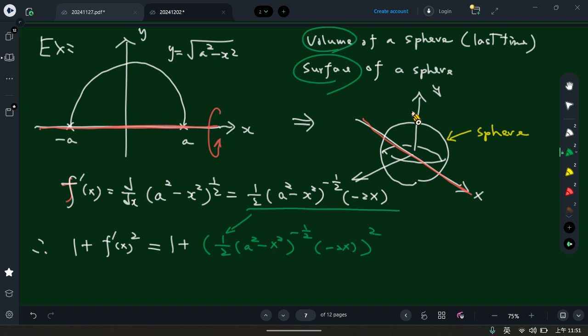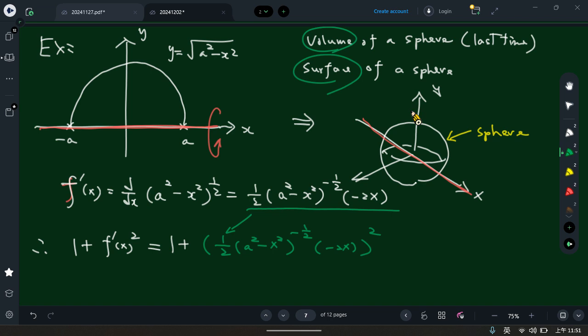Maybe at this moment you will see it's a little bit complicated, but at least you just prepare f'(x) first, then try to prepare 1 plus f'(x) squared after.